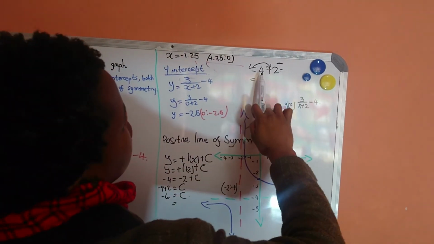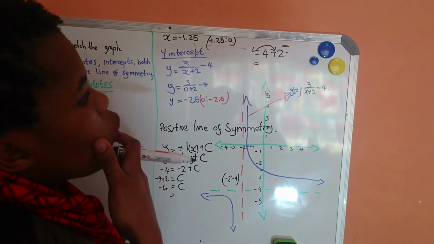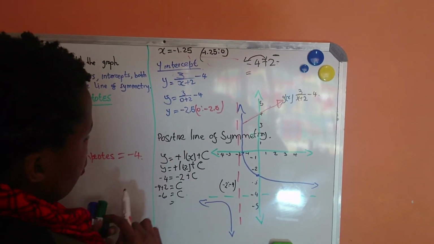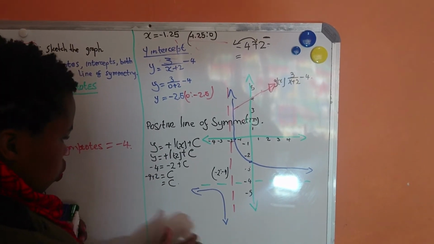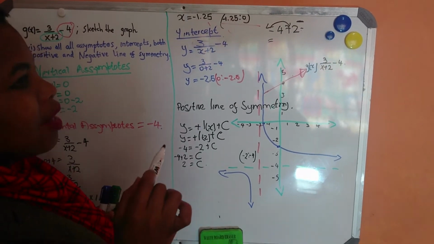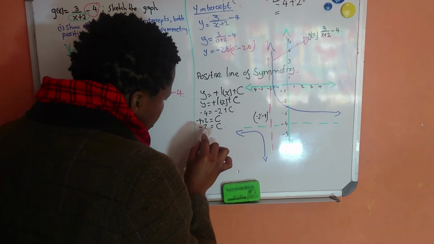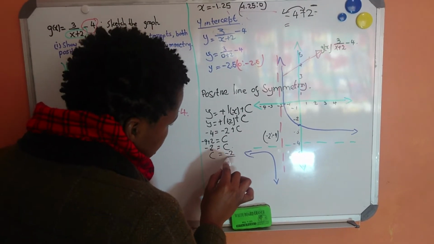So sati 4. So separate u2 ku4. So kuphume u2. Answer yethu ngu2. Sithathe isign ye-bigger number. Negative. Okay. So y intercept equal to -2. C equal to -2.